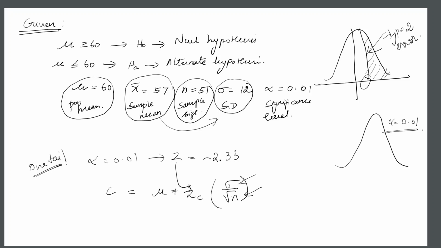This is the advantage of hypothesis testing, which we discussed in the first slide. So mu at 60 plus minus 2.33 times sigma by root n; the value we have got from this is 56.08.